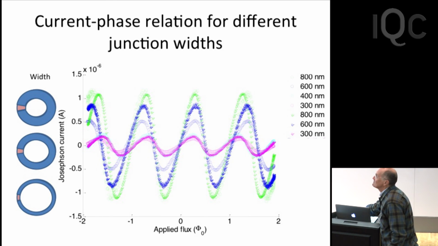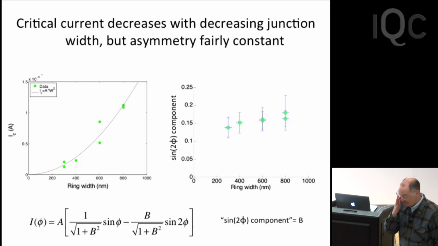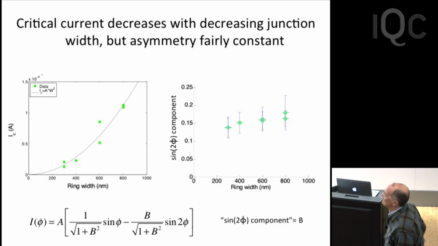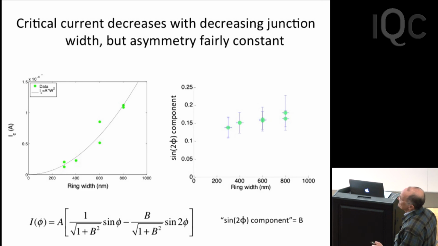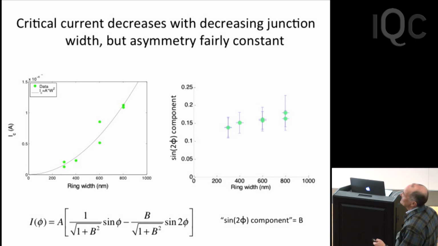You can quantify this skewing by a number of ways, but one of the ways that Ilya used was to fit it to a linear combination of a conventional current phase relationship and a sine 2 phi current phase relationship. And then this coefficient of the second component is called the sine 2 phi component.